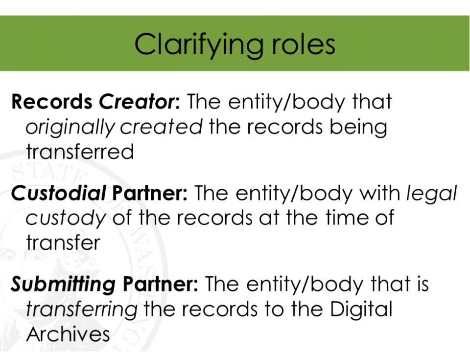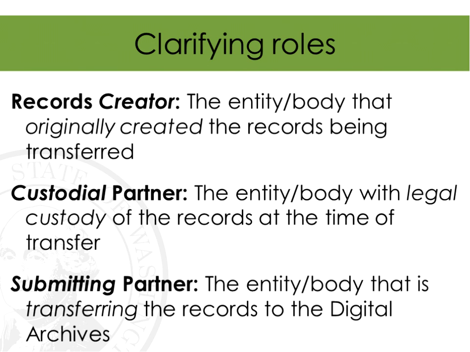The custodial partner is the body that has legal custody of the records at the time of transfer. So say if you've got irrigation district 10, which used to be made up of 1, 2, 3, and 4, records creator might say these are the minutes of irrigation district 1. The custodial partner is the body that exists now that has legal custody, irrigation district 10.